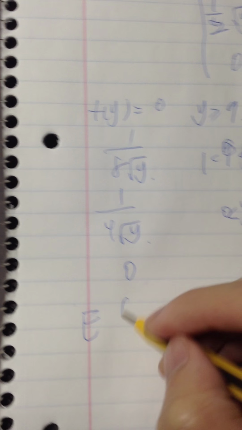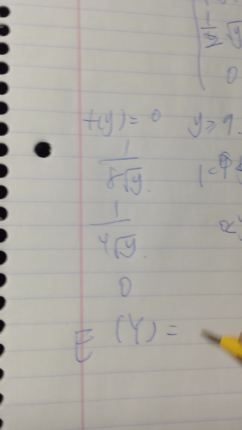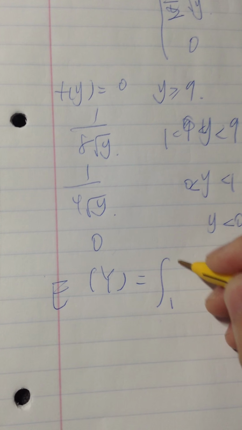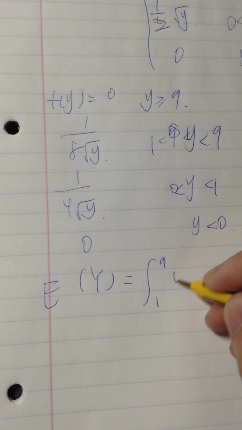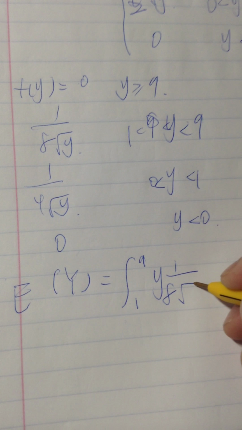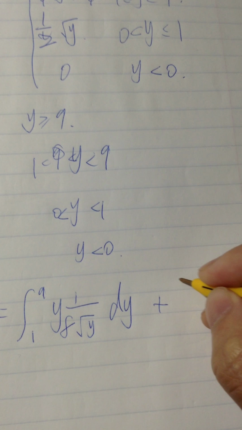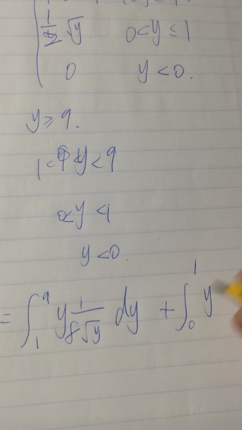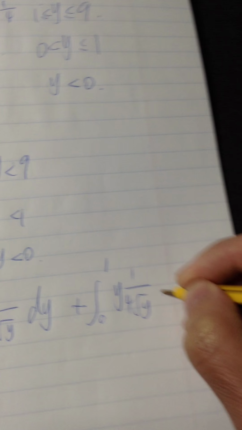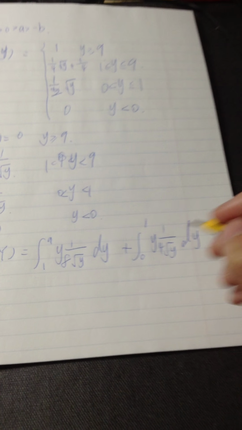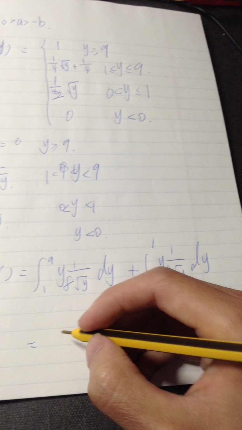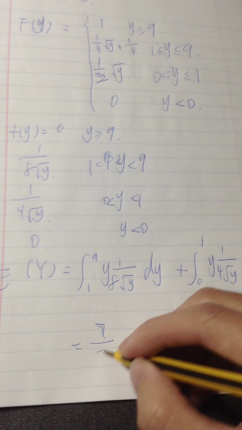So the expectation of y is equal to 7 divided by 3.